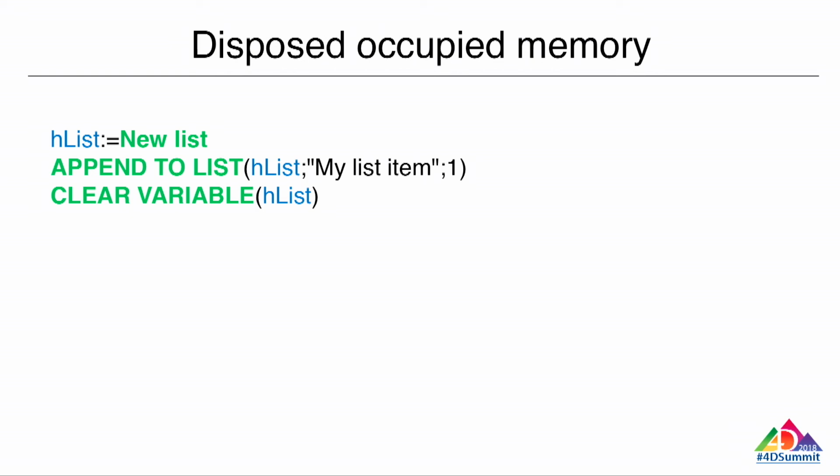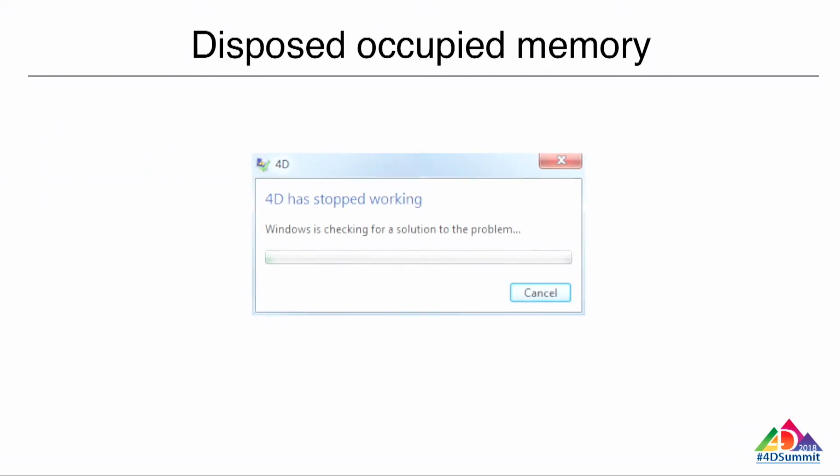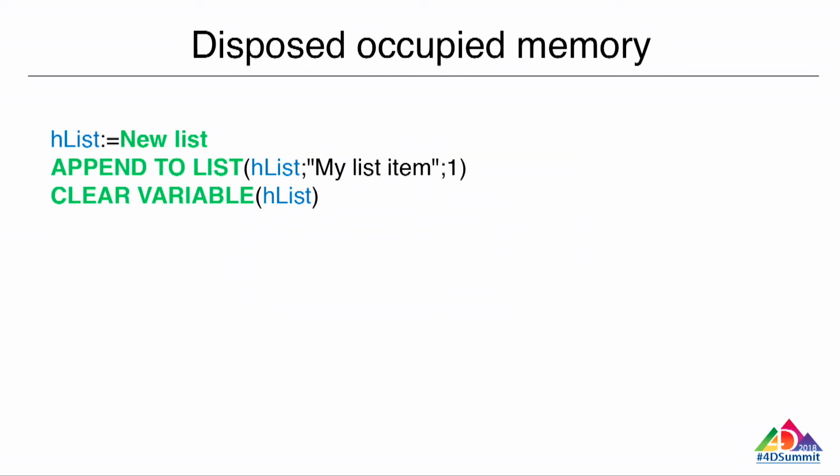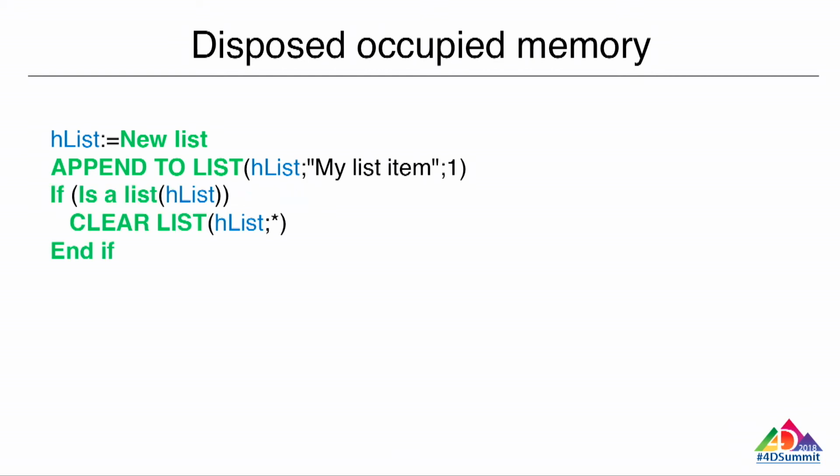So when you do clear the reference, 4D will hang. The best practice for this would be to check if there's a list, and with that reference use the command CLEAR LIST to clear the actual memory.